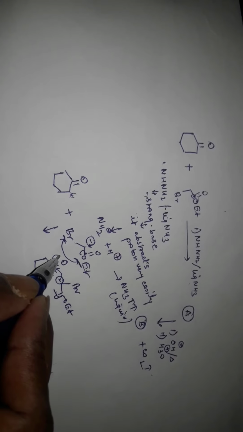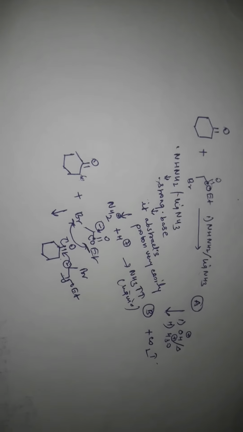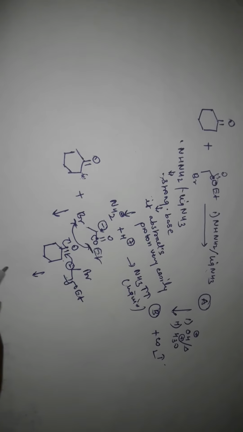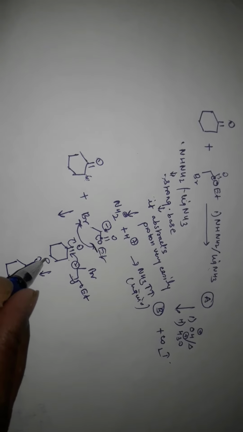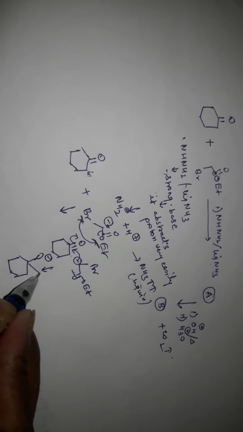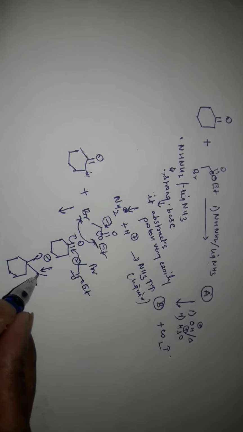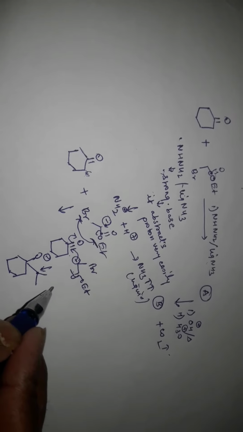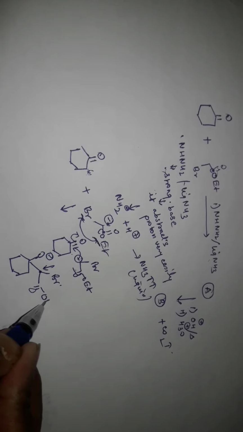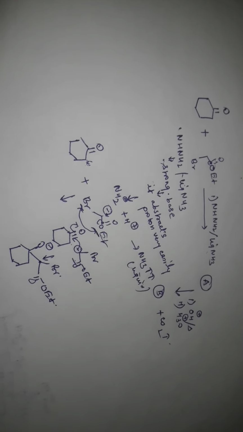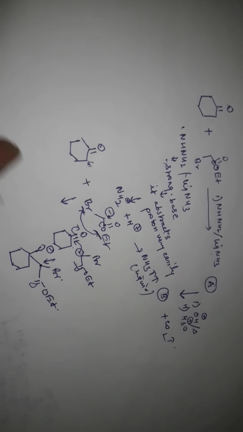Okay, and this bond will be shifted here. Understand? So again, what happens here, this proton will be like that. This one is CH2 here, this bromine is here, and this COOEt is here. Okay, so it is your mechanism.